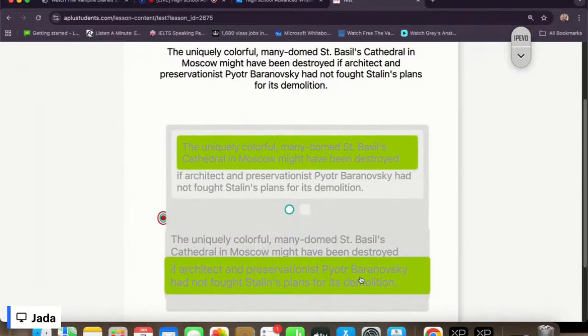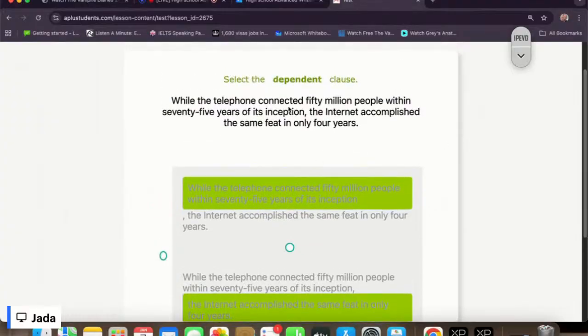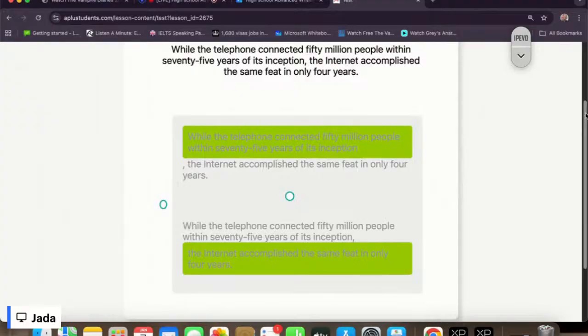So we have the second one. Okay. So, while the telephone connected 50 million people within 75 years of its inception, the internet accomplished the same feat in only 4 years. So, dependent clause, first or second?